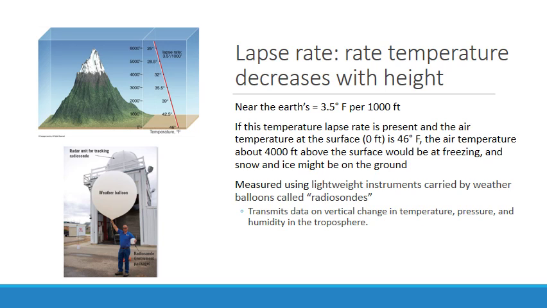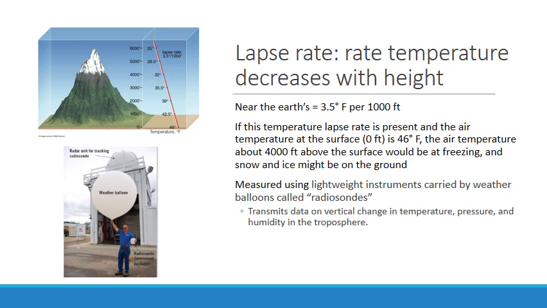The environmental lapse rate is the rate at which air temperature decreases with increasing elevation. Because the environmental lapse rate can vary throughout the day or from one season to the next, it's very important to have frequent measurements of that rate.